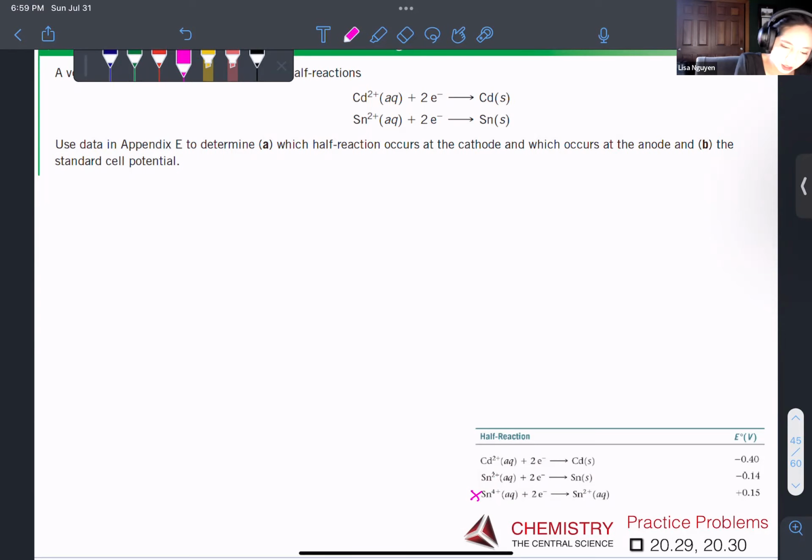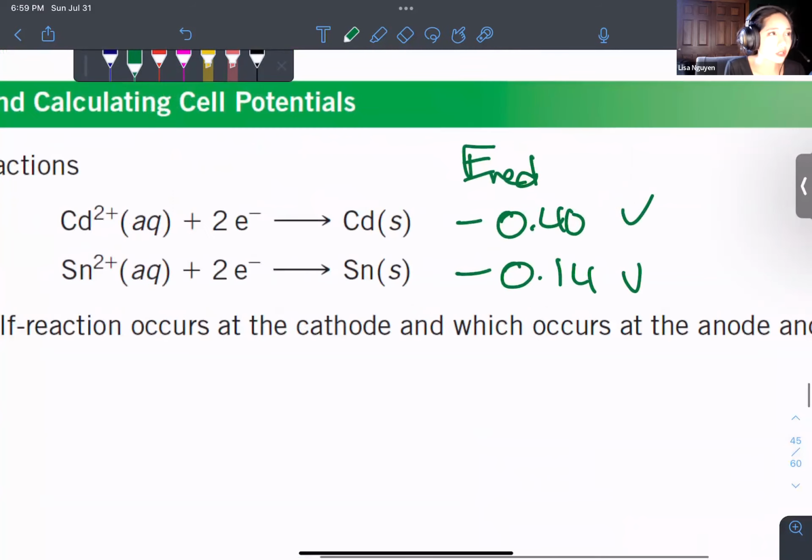So if we write the reduction potentials that are given, negative 0.40 is cadmium and negative 0.14 volts is tin. What we need to recognize with reduction potentials is that the more positive the value, the easier that substance will be reduced. We want to set up our cell where it is the most spontaneous. Based upon these numbers, the tin reduction potential is less negative.